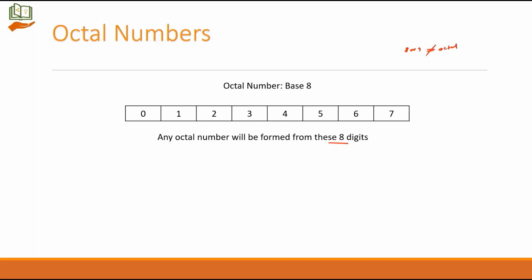Now, how will we write the next set of digits? So, let's take 0, 1, 2, 3, 4, 5, 6, 7. The next set of digits will be written using 1. So, have 1 here and repeat 0, 1, 2, 3, 4, 5, 6, 7. What is the next digit? It is 2. So, write 2. Then write 0, 1, 2, 3, 4, 5, 6, 7.